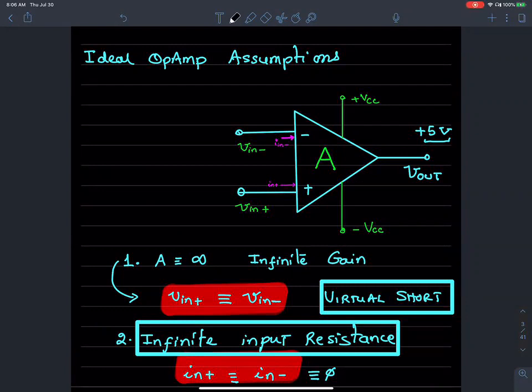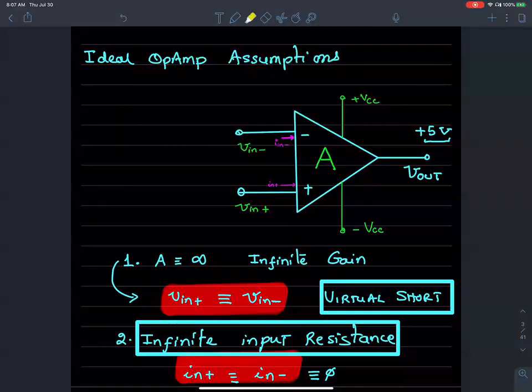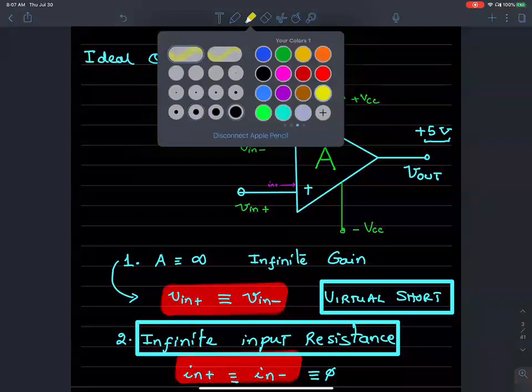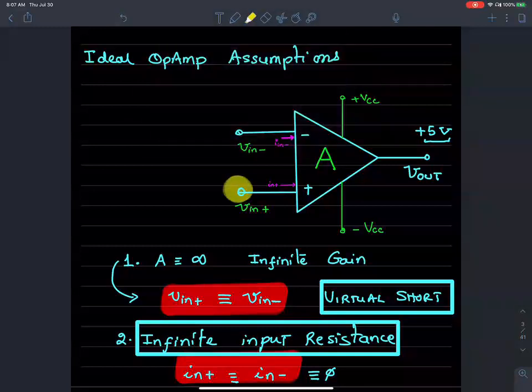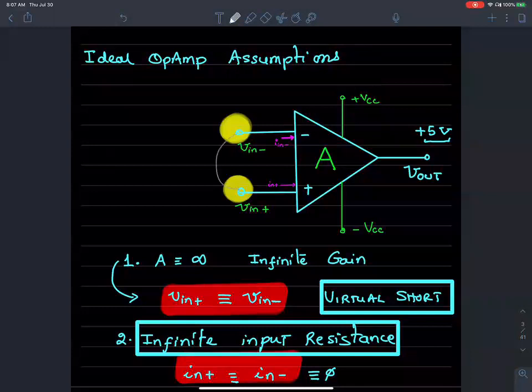Okay, the 2 ideal op-amp assumptions are that there is a virtual short. Let me explain what I mean. The first assumption is that the voltage on the positive terminal is equal to the voltage on the negative terminal. It's almost like the input terminals are automatically shorted.